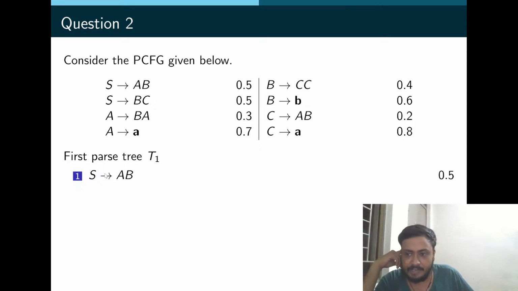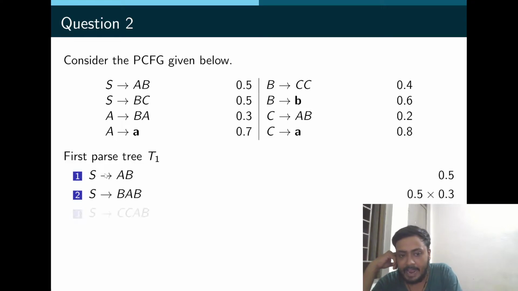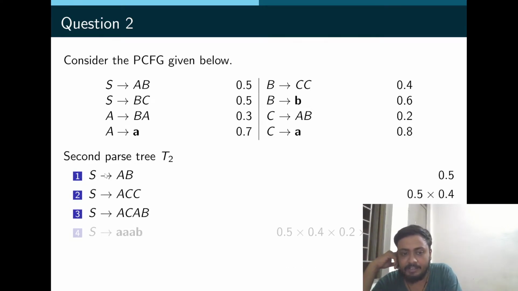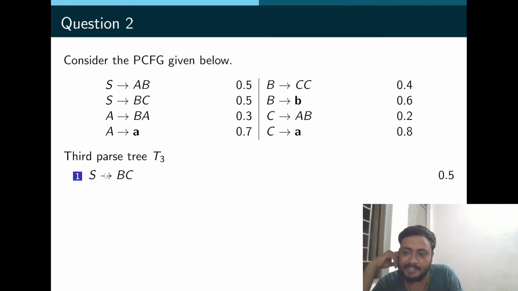Here we exhaustively use all the combinations. We first do S gives AB, and then we try all the possible parse trees with S gives AB. After exhausting that, we try the other rule, which is S gives BC, and then recursively we are exhausting all the other options also. So this is how we come to three parse trees in total.